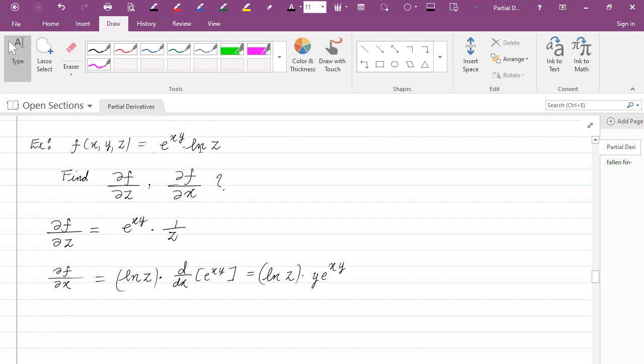So then the derivative of this with respect to x would be the fixed constant factor ln of z multiplied by the derivative of e to the xy with respect to x, assuming that y is a fixed constant. And then the derivative here would be e to the xy multiplied by the derivative of the exponent, and the derivative of the exponent with respect to x is the constant factor y. So we get ln of z multiplied by y e to the xy.